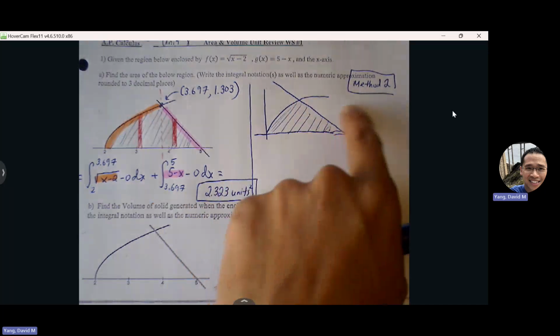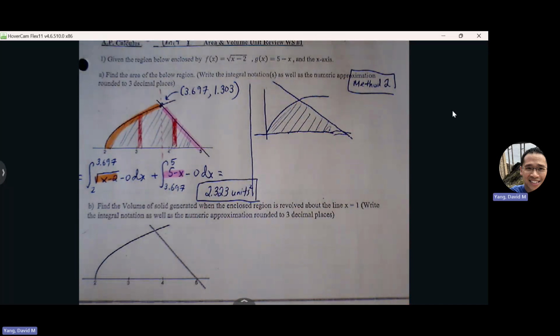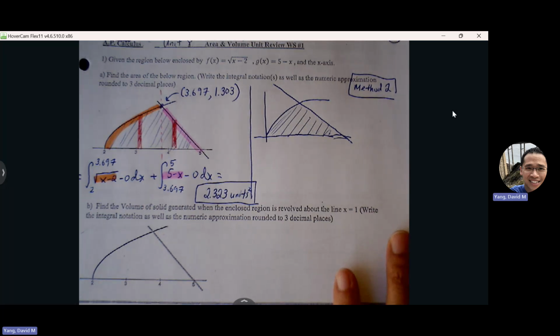And also doing right minus left will help us for parts B and C, since for volume, it may ask us to build these horizontal lens.